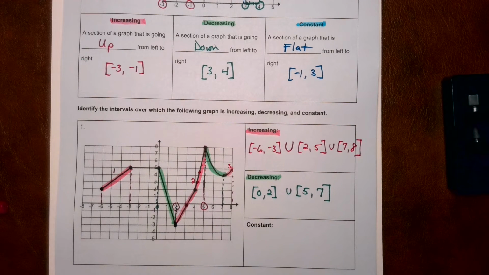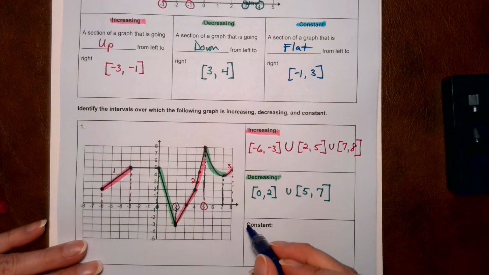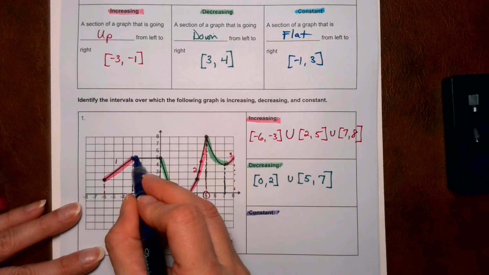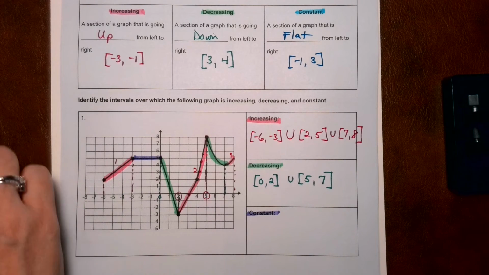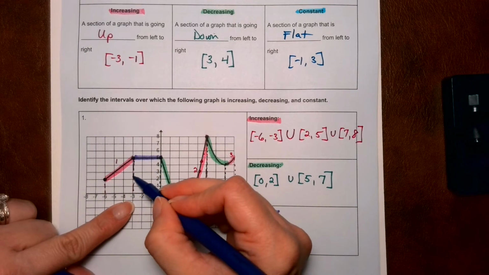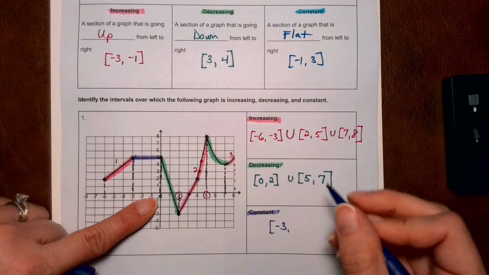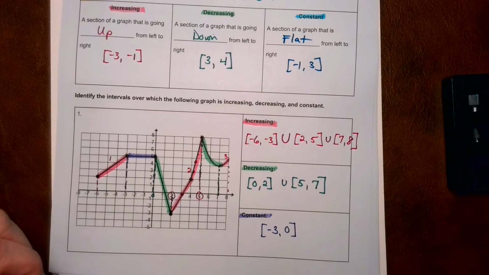And is there any place on the graph where it is constant? Any constant sections? Just this one right here, constant. And that starts at -3, and that goes all the way until 0, brackets.